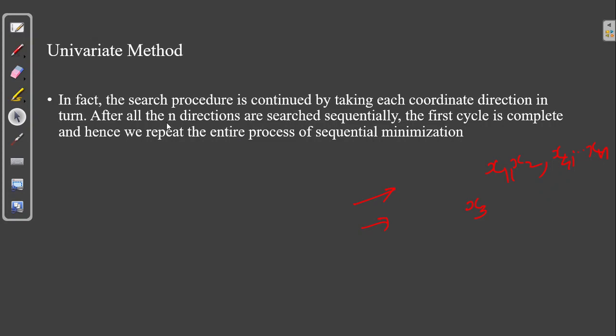That means in the univariate method, by the end, you will go in all possible directions.